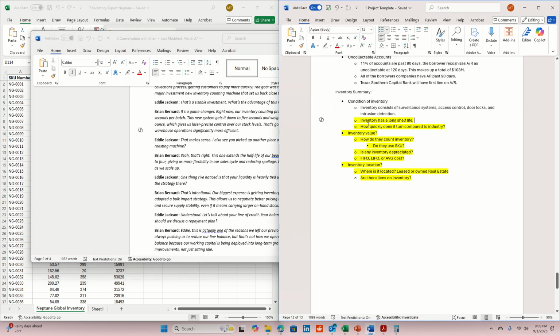to add in here. So if you want to say inventory value, how do they count their inventory? Right here, if you have Brian's Beans, I'm going to give you some gold right here.